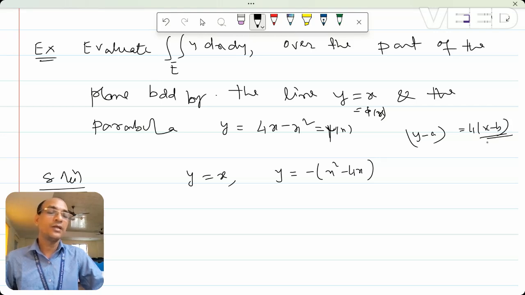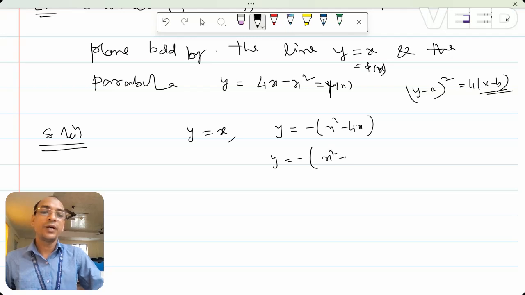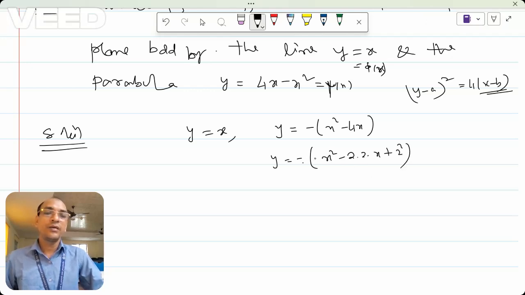I can have an expression like this to get the parabola type thing. So what I will do here, I will make it like this: y equal to minus of x square minus 2 into 2 into x plus 2 square. So if I subtracted minus 4, I will add 2 square so that the value will remain the same.